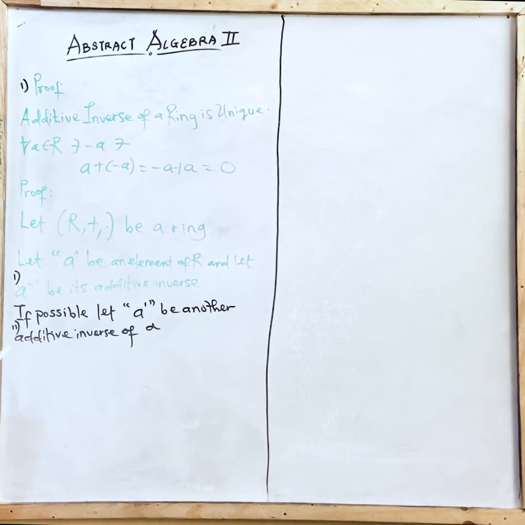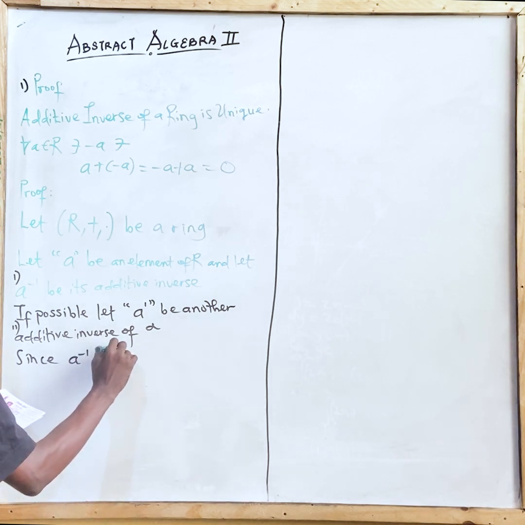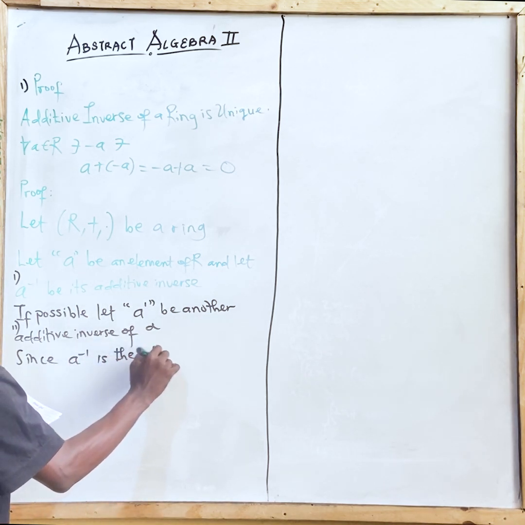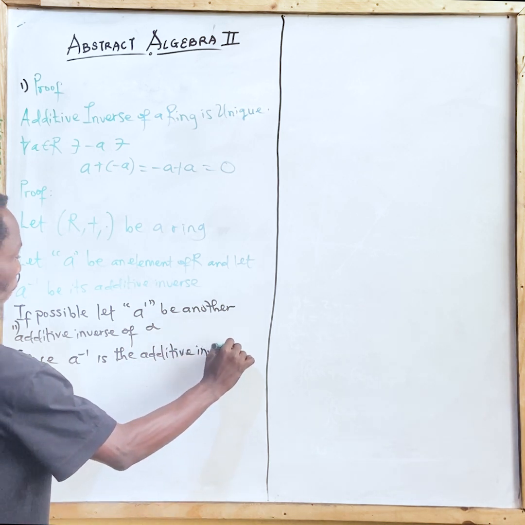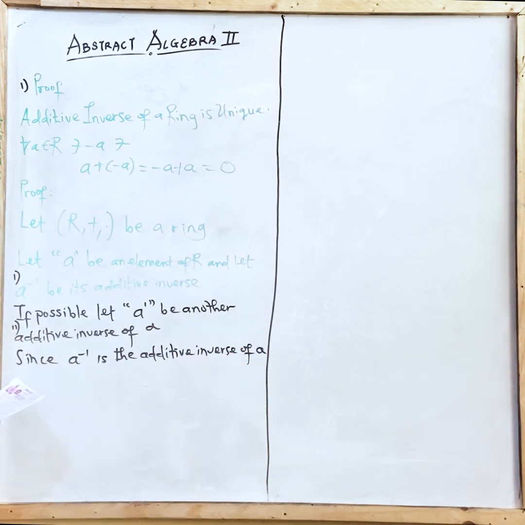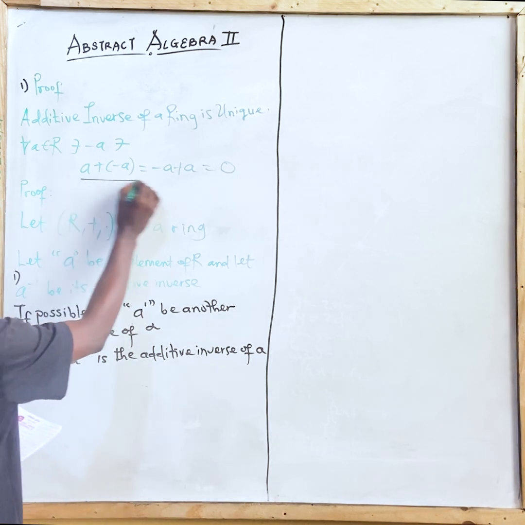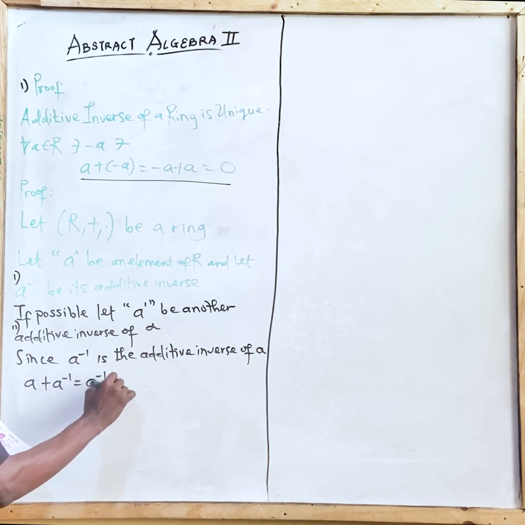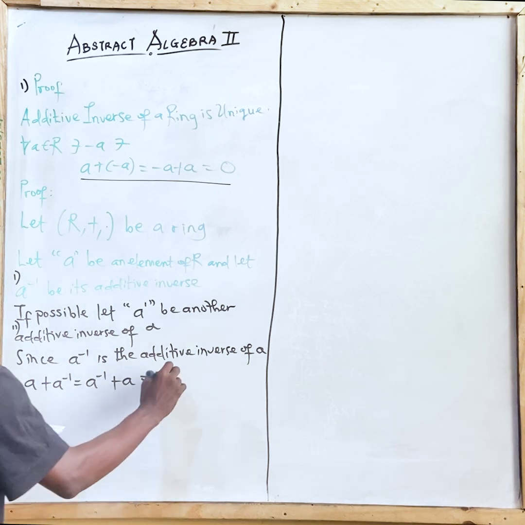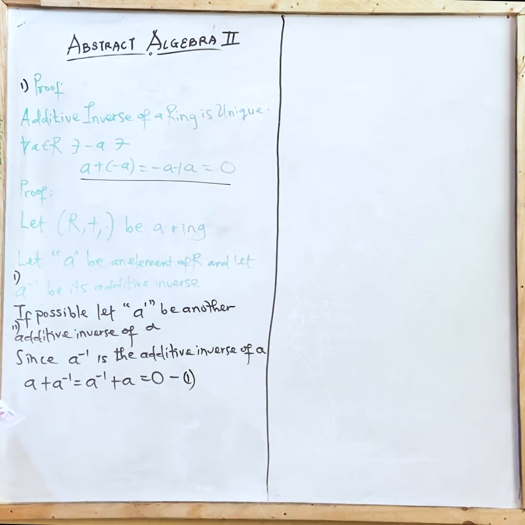So since this is the additive inverse of A, then I can show that A plus the additive inverse equals 0. I can call this equation 1.